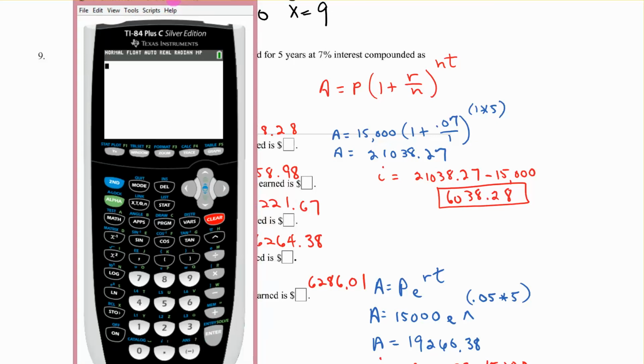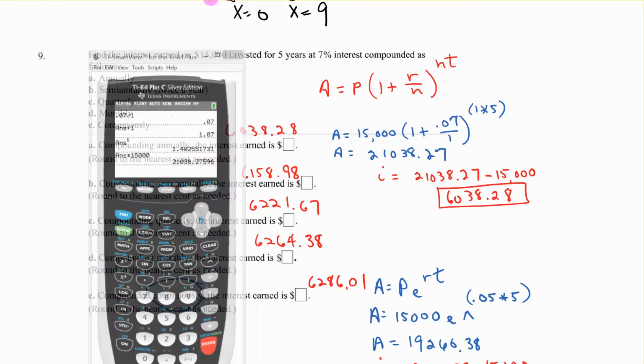So if we had 0.07, and say it wasn't a 1, but I'm going to do the whole thing, divided by 1 and hit enter, plus 1, enter, raised to the 5th power, enter, times 15,000, enter. And so that's where we're going to get that. So start on the inside, get this, then add 1, then raise it, ultimately then multiply by the 15,000.